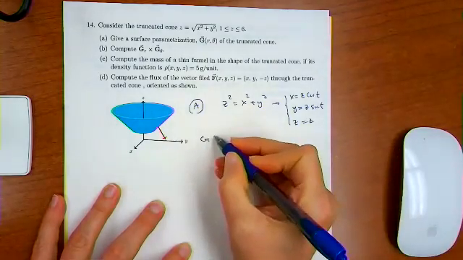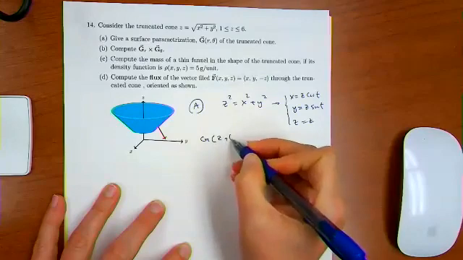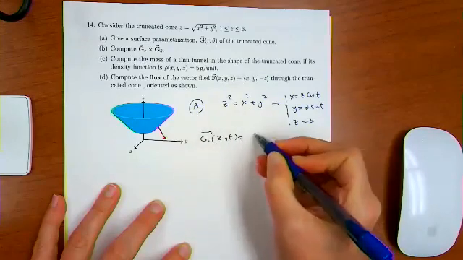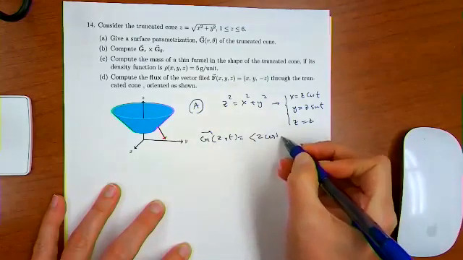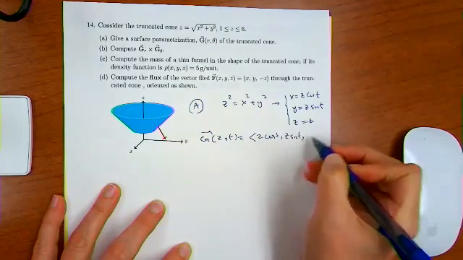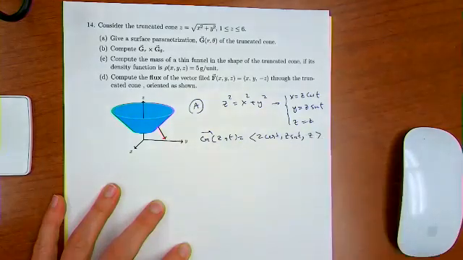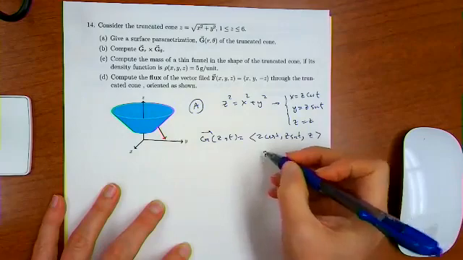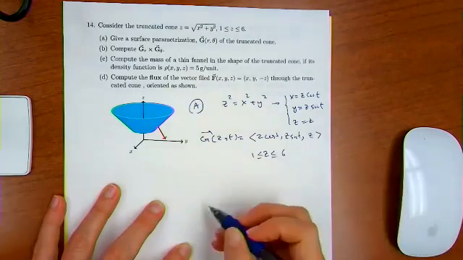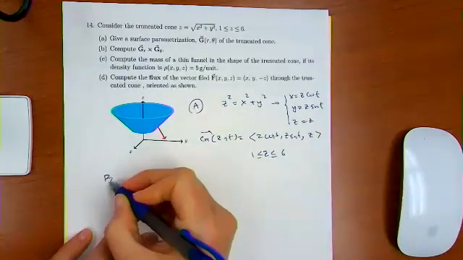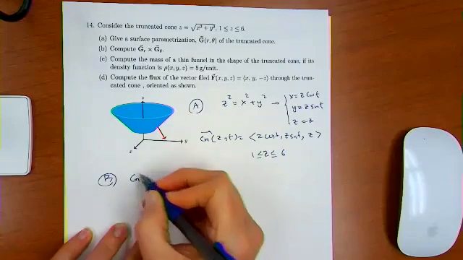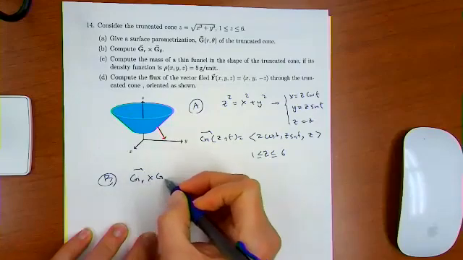So I can write G of Z and T to be this thing, Z cosine T, Z sine T, and Z. I have to be careful, Z has to be between 1 and 6. Now, part B is asking to compute G sub R cross G sub theta.